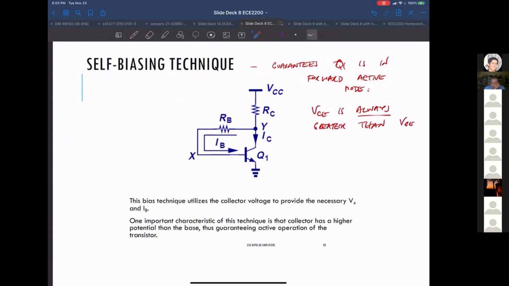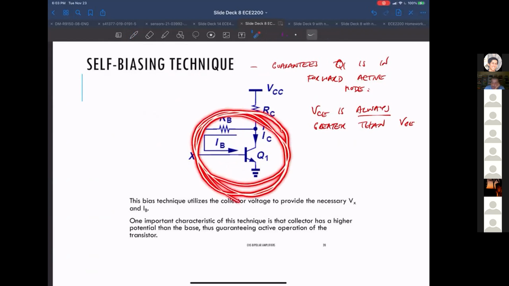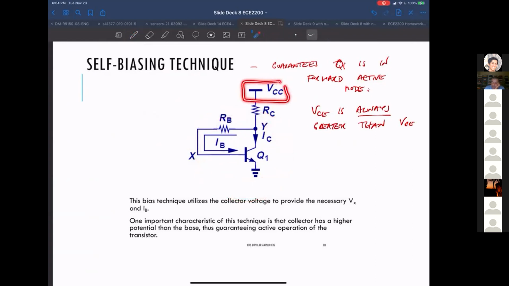Because IB could be anything, big or small, but you get a resistive drop across R sub B because of IB, so you're always guaranteed that this voltage is going to be below this voltage. So no matter what, this guy is going to be in forward active mode, as long as VCC is large enough.